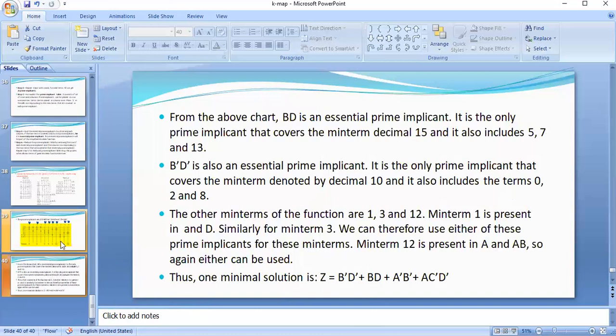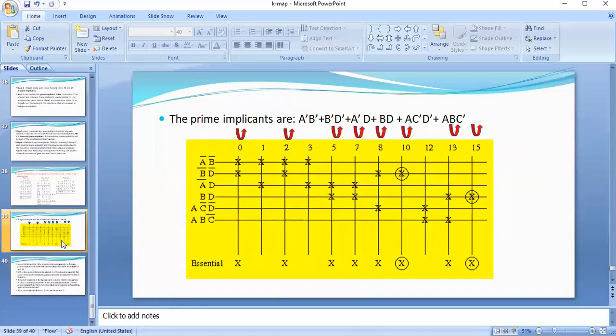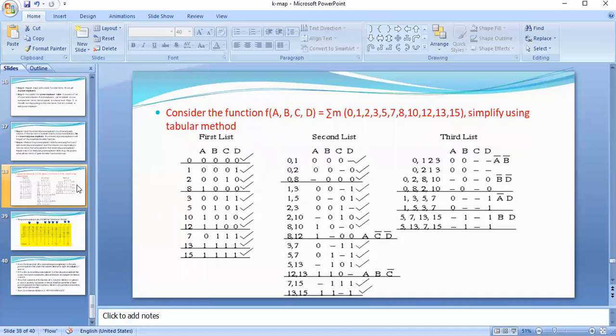So what are the uncovered minterms here? 1, 3 and 12. These are the uncovered minterms. See here, 1, 3 is in one expression, and 12 is in the 8, 12 pair or the 12, 13 pair. So for 1, 3 we have to consider A bar D, which means A bar D is also in the final expression.